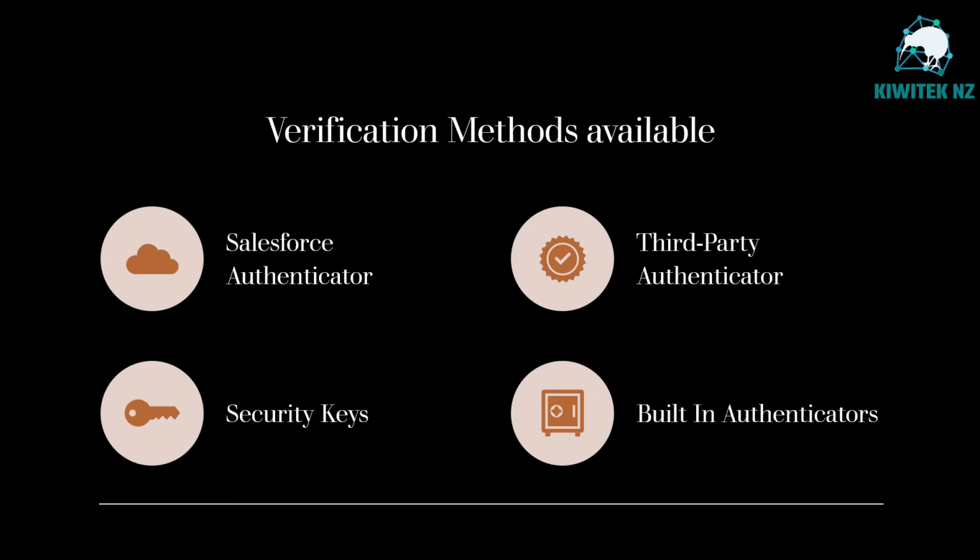The physical device also has logistics involved in it, and that may be one consideration for you for selecting this verification method. The built-in authenticator verifies the identity with fingerprint, iris, or facial recognition. Some examples would be Windows Hello, Touch ID, or Face ID.